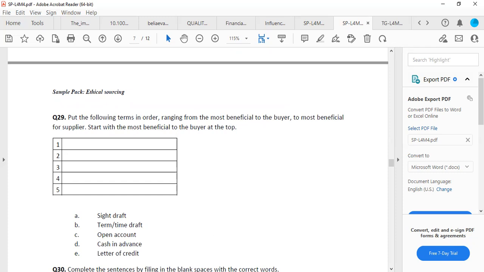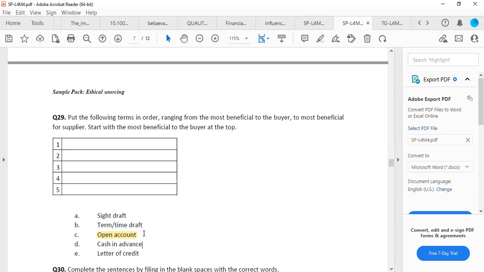Which of these payment mechanisms benefit the buyer? So which one comes first? Letter of credit, open account, cash in advance.